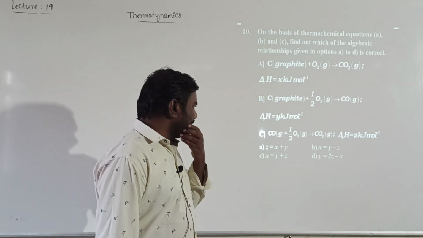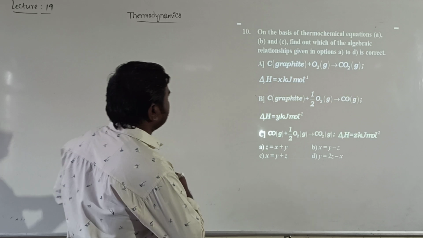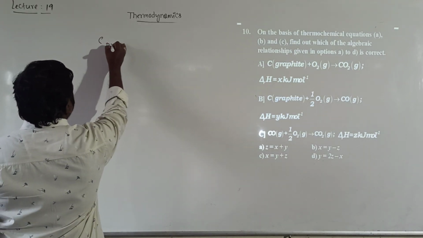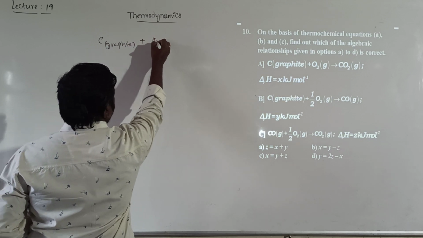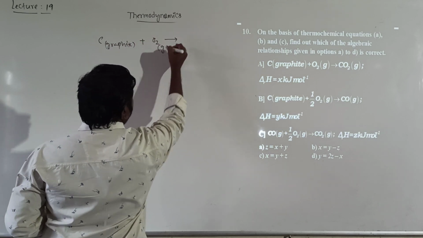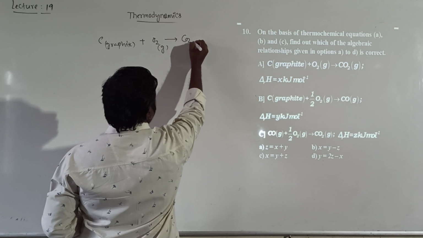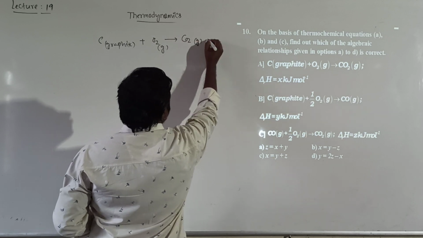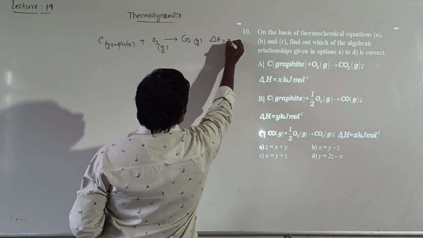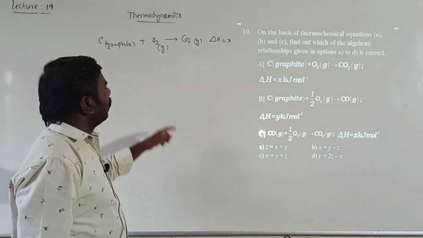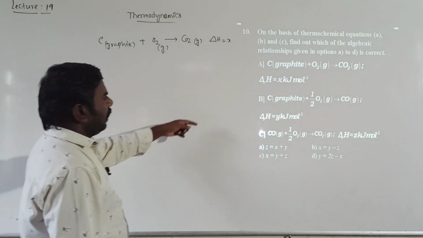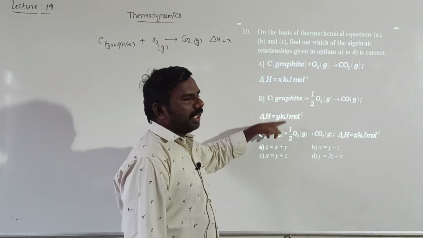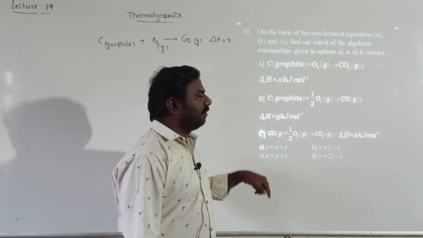Now in that case, to get X: C graphite plus oxygen gas gives rise to CO2 gas. It is delta H equal to X. To get this X value, equations B and C will be added.